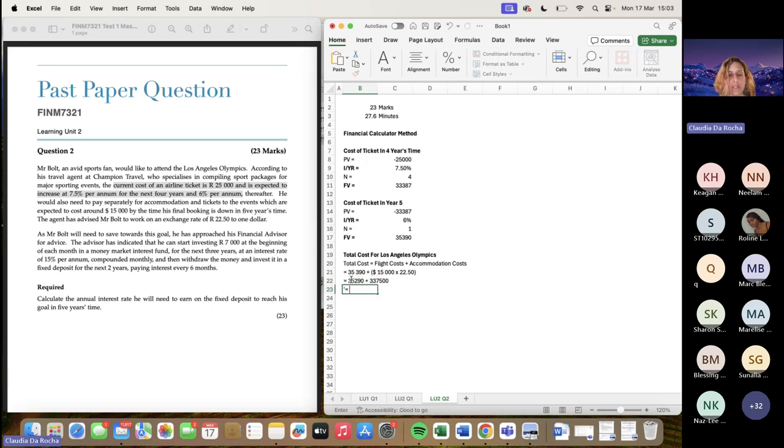Okay, which then gives us the total cost that we need for this trip. So now we have the total cost of our trip.